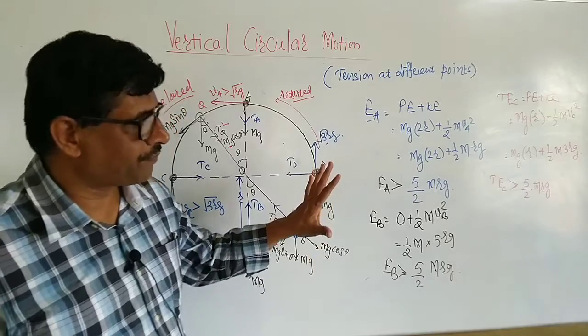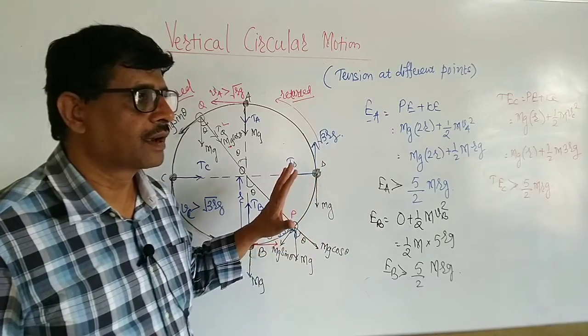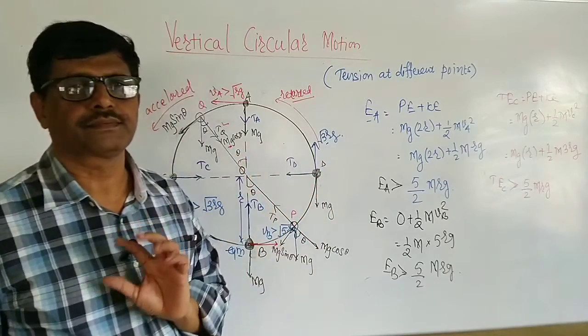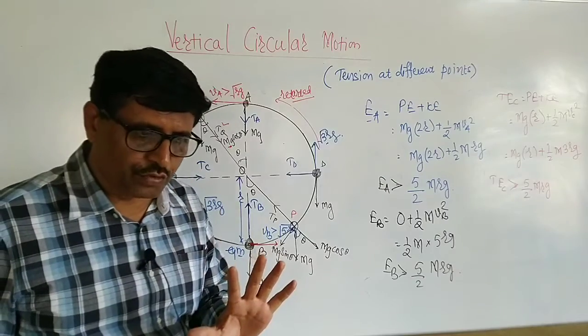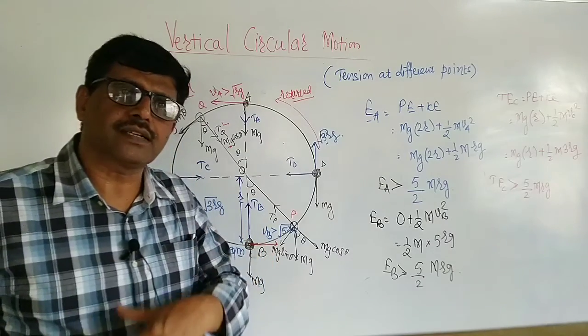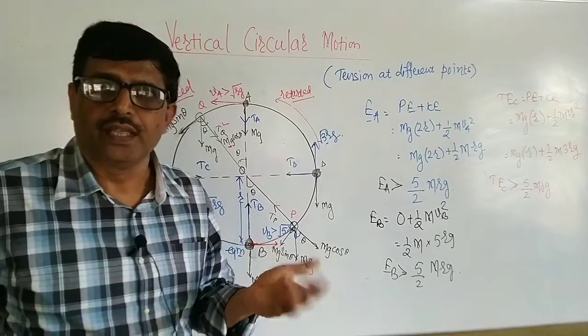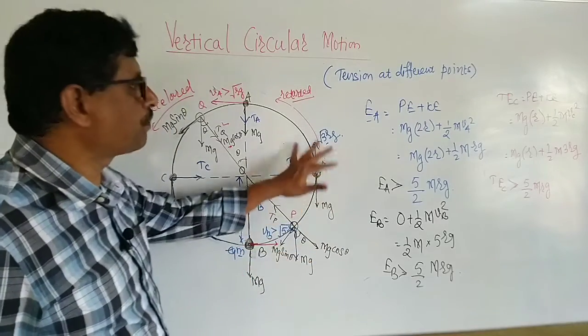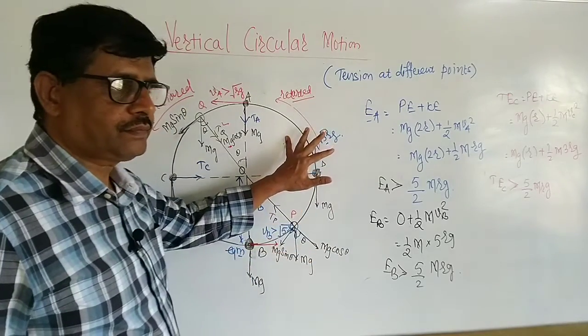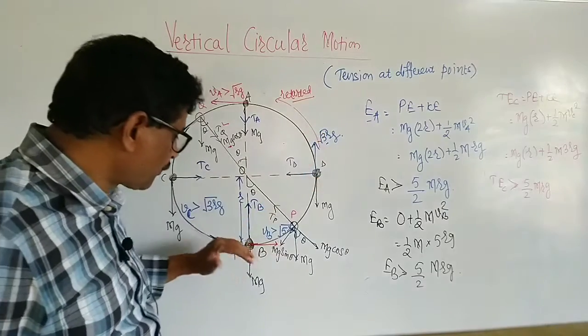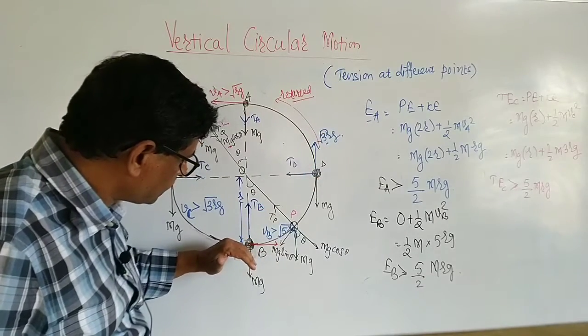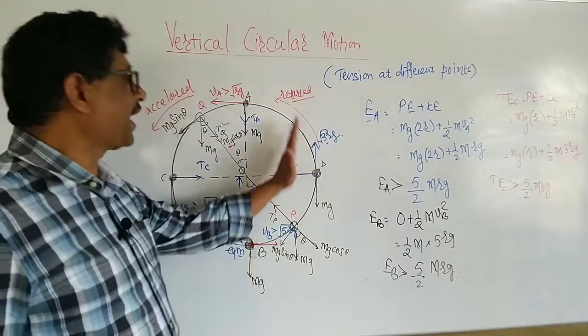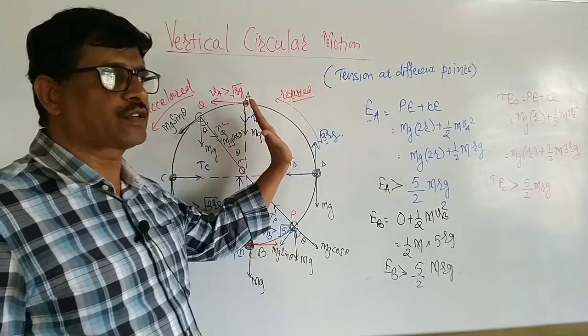Like this, in vertical circular motion, there is always a conservation of energy. The energy from the bottom to the top changes from kinetic to potential.